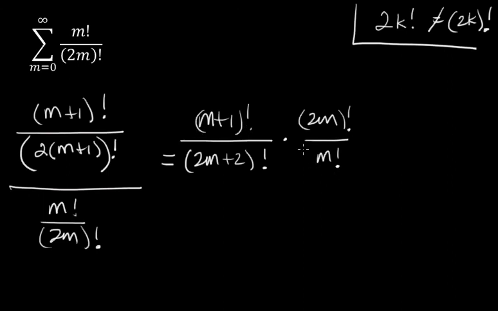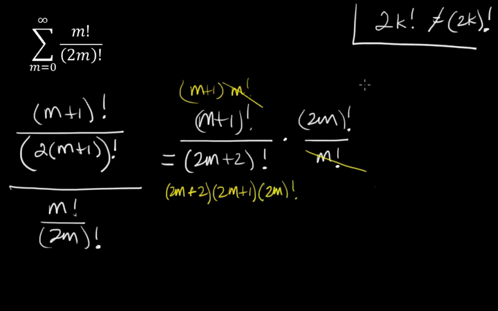I know that the m plus 1 factorial over m factorial cancels because this up here is m plus 1 times m factorial. So the m factorials cancel. Now down here, it's not quite so simple, but let's just write out a few of the factors of this factorial. 2m plus 2, 1 less is 2m plus 1, 1 less, (2m) factorial. So these cancel.